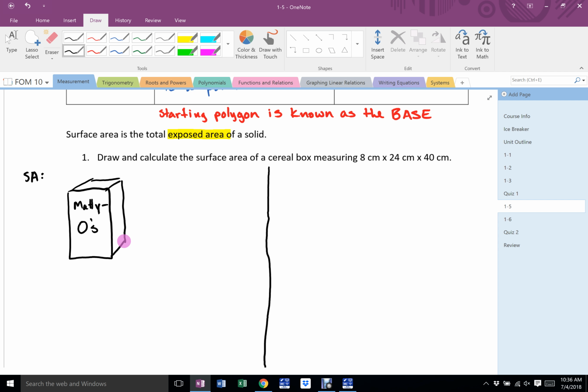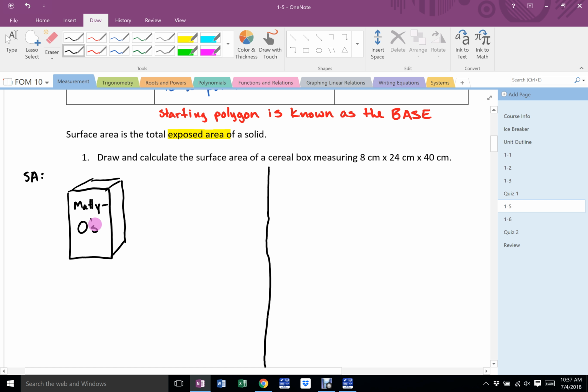Who decides? Because right here I have three numbers, correct? You guys already told me that three dimensions were length, width, and height. Who decides which of these is length, which is width, and which is height? Who does? You do. The person doing the question makes the decision.